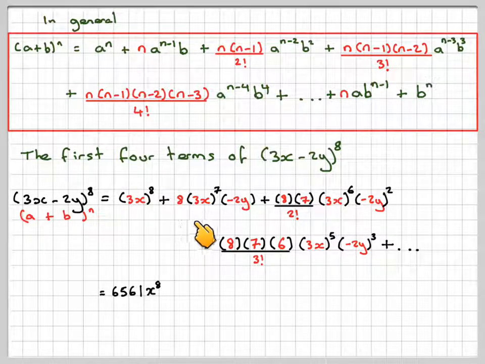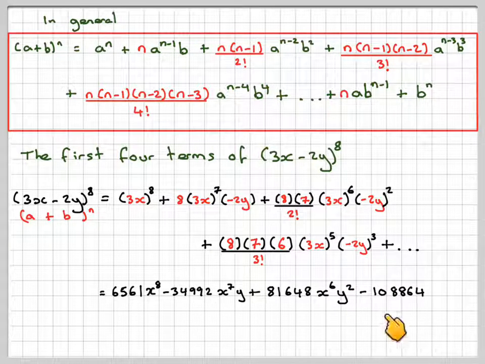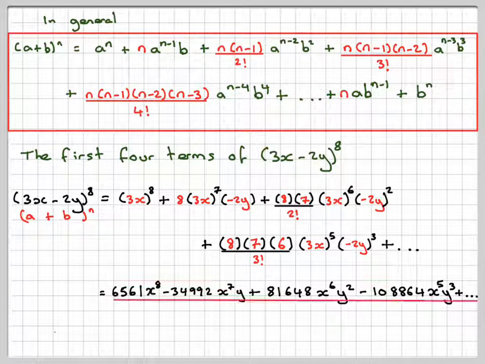Now we need to be very careful. 8 times 3 to the 7 times minus 2 gives me minus 34,992 x to the 7 y, plus 8 times 7 divided by 2 factorial times 3 to the 6 times minus 2 squared gives me 81,648 x to the 6 y squared, and then we do 3 factorial and 6 cancel out because 3 factorial is 6. 8 times 7 times 3 to the 5 times minus 2 to the 3, so it would be negative 108,864 x to the 5 y cubed, and that will carry on.